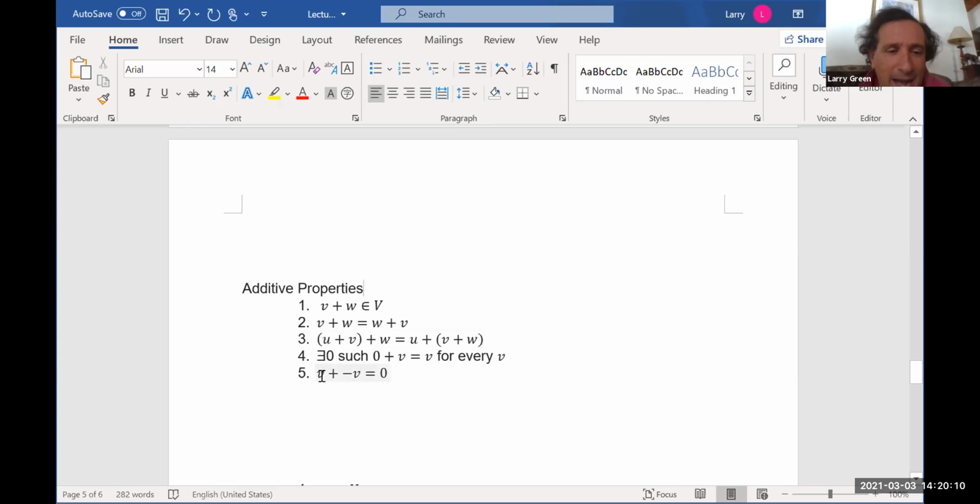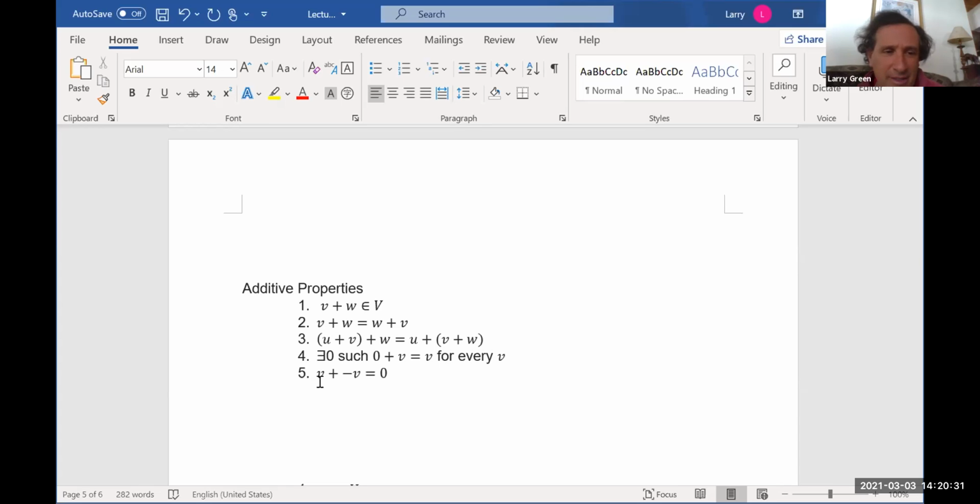And number 5 is, if you have one, whether it's a matrix or number, there always exists a negative of that thing, such that if you add it, you get 0. And that's called the additive inverse property.